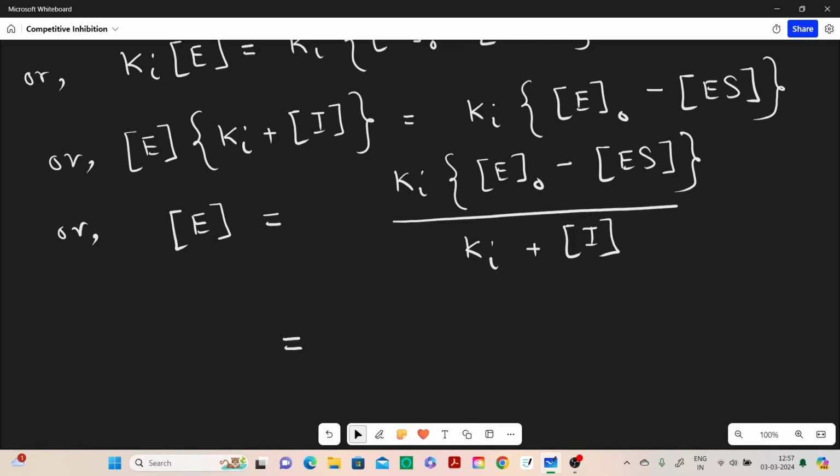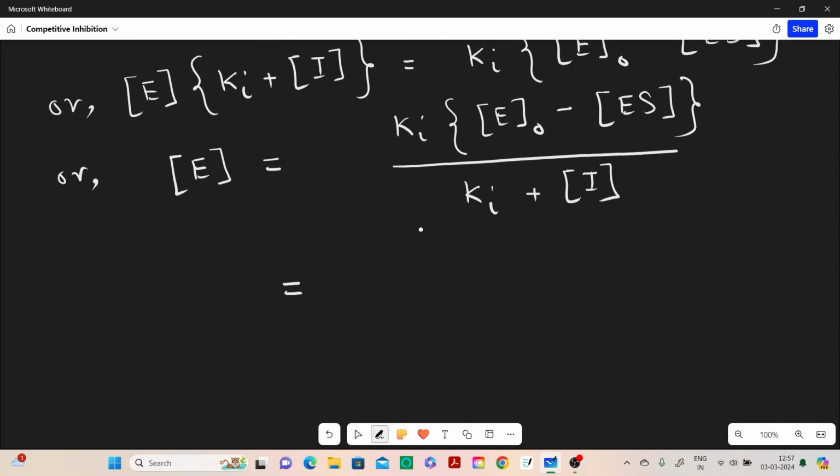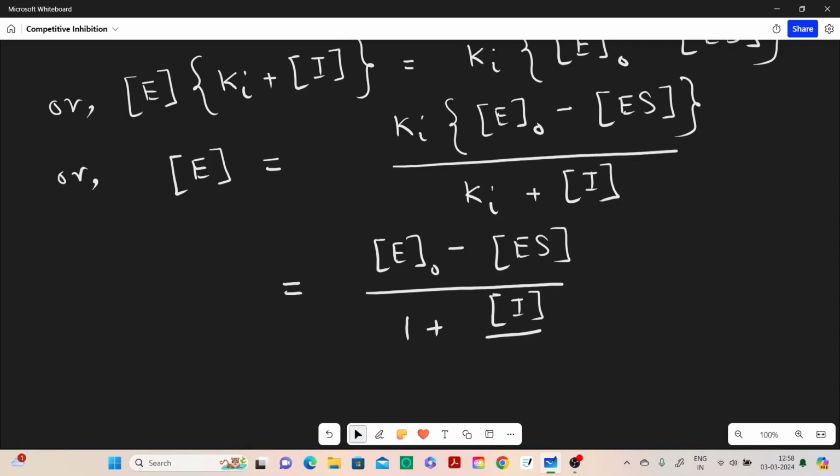So if we divide the numerator and denominator by Ki, we get E naught minus ES divided by 1 plus I by Ki. We will need this a bit later.